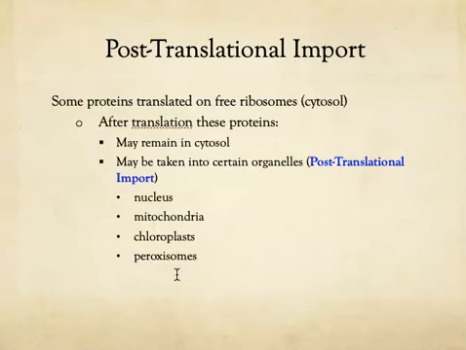Instead, it's going to go through what we call post-translational import into these final destinations. These proteins, as they're being translated on ribosomes, are going to be translated on free ribosomes that are floating in the cytoplasm, not ribosomes that are going to come down and bind to the translocon.